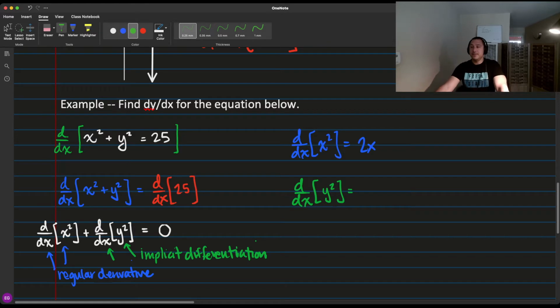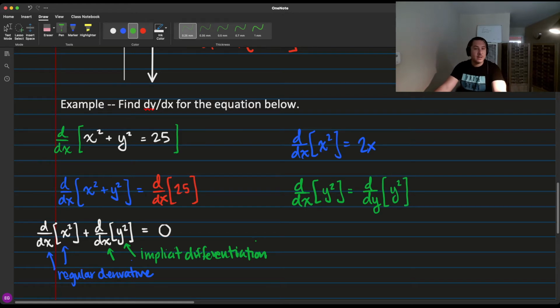The chain rule tells you you're going to have to take the derivative of y squared, and then multiply by the derivative of y with respect to x. Or, I'm sorry, I did this wrong. My bad. You have to take the derivative with respect to y of y squared.